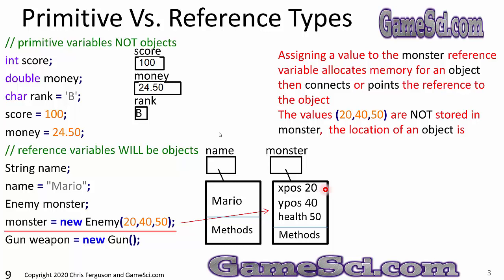So the variables x position, y position, and health will get assigned to the object's variables. Notice that these values 20, 40, and 50 are not stored in the monster variable. They're stored in the object itself. You store the location of the object in this variable, and you store the data in the object itself.